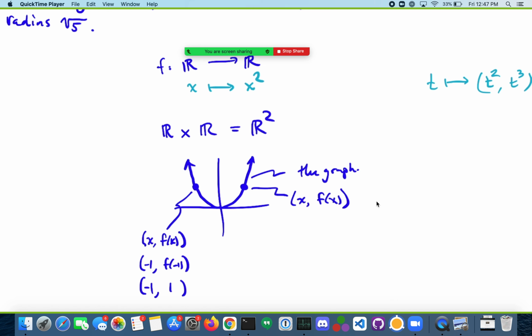Let's choose this one here. This would be maybe the point √2 comma f of √2, which is the point √2 comma √2 squared. F of √2 is √2 squared, which is 2. This one here looks like it's 1 comma 1 squared, which is 1 comma 1.